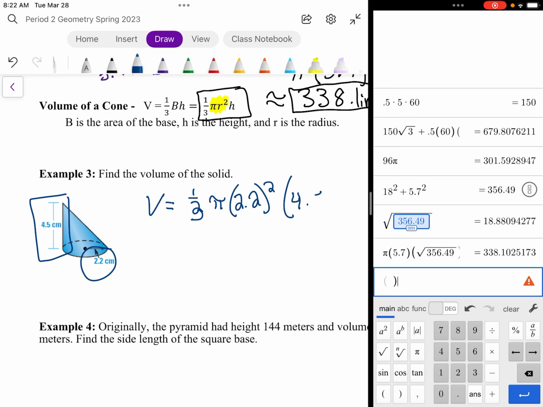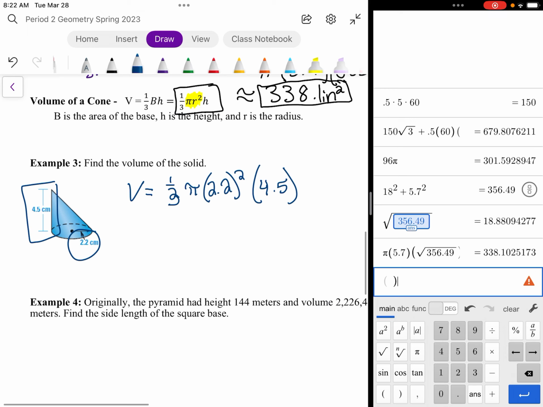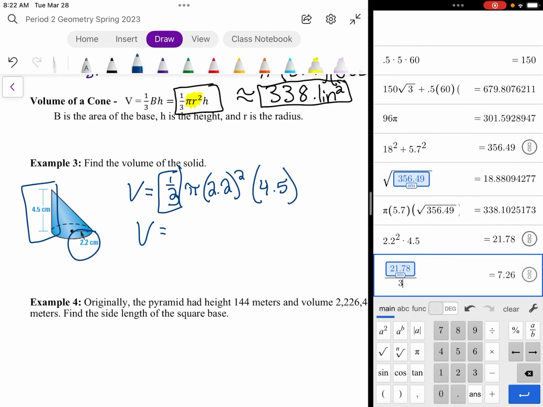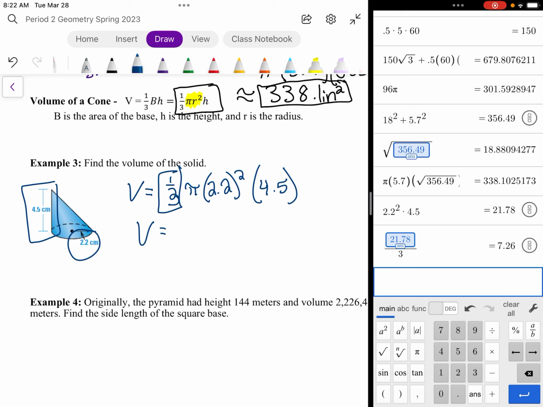So it's okay if it's an oblique cone where it's not standing straight up and down. As long as you have the height, you can still find the volume. And when you multiply 1/3, that's the same as dividing by 3. So let's do 2.2 squared times 4.5. And then we'll take that answer and we're going to divide it by 3. And that's the same as multiplying by 1/3.